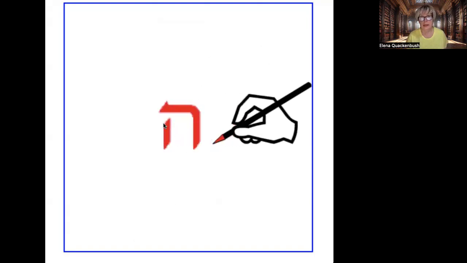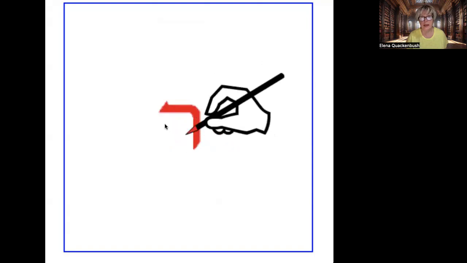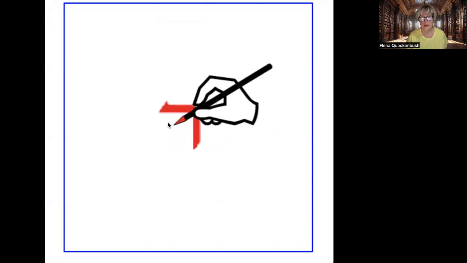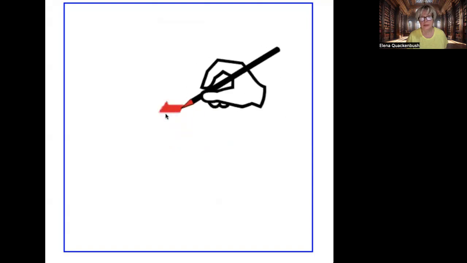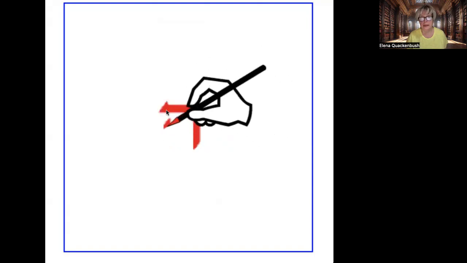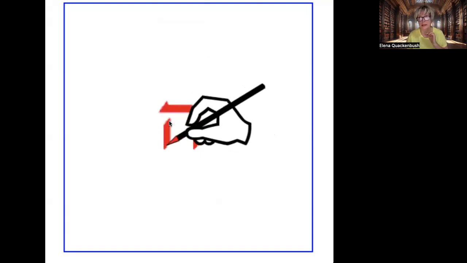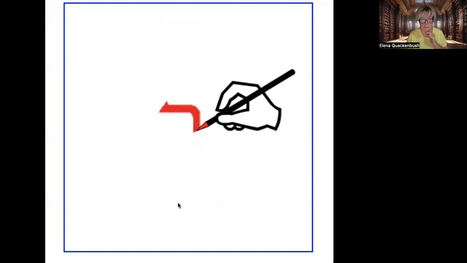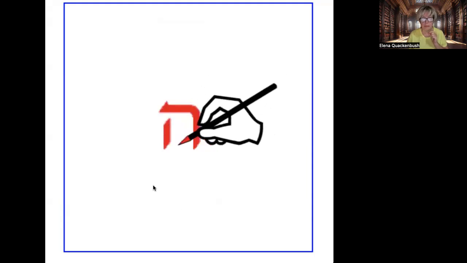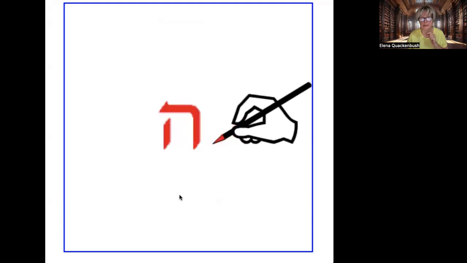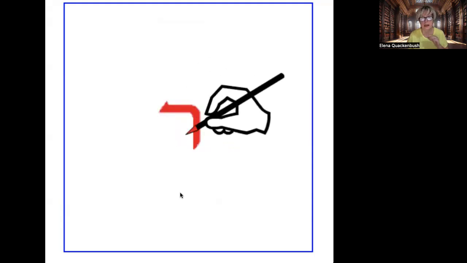This one is Hey, but if we close this window and create an obstacle for the air, it will become a different letter, with a slightly different, very different sound.